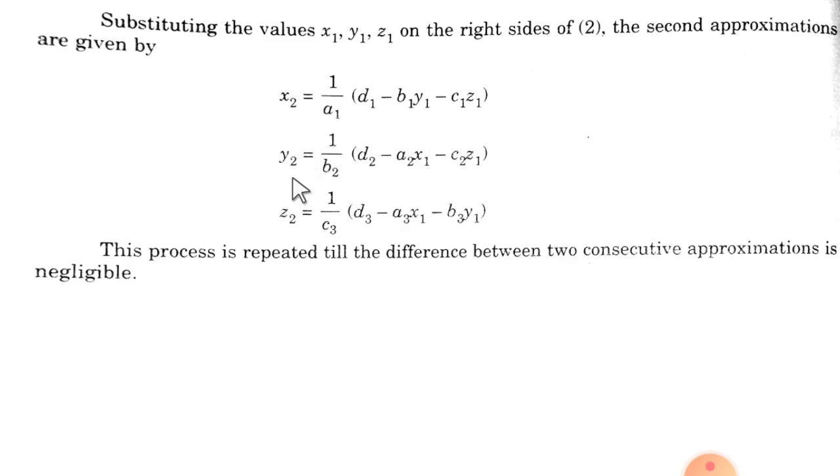Similarly you can find y2, z2, and this step has to be repeated until the difference between two consecutive approximations is negligible, or the error is very small. So this is Jacobi's iteration method procedure.